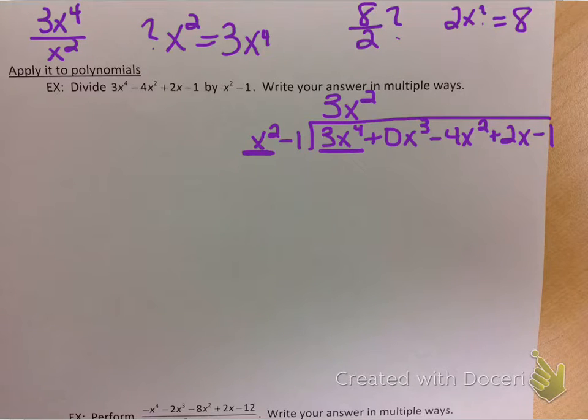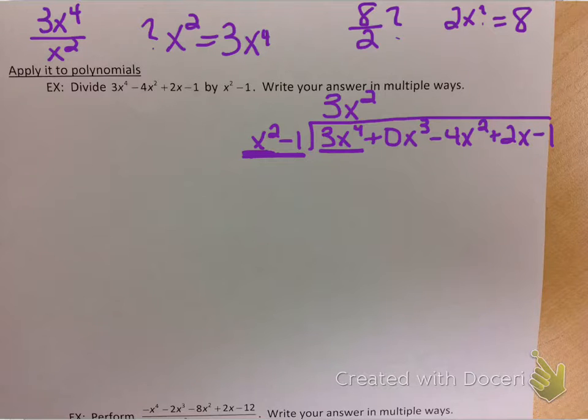Once you're done with the division step, you go back to using the whole divisor. It's just the division step, just that first step in the cycle, where you just use the leading term. So now that I'm done with that division step for now, I'm going to use my whole divisor. I'm going to take that 3x squared that's out on top and multiply it by the whole divisor, and I'm going to write it underneath, just like I just did with the numbers.